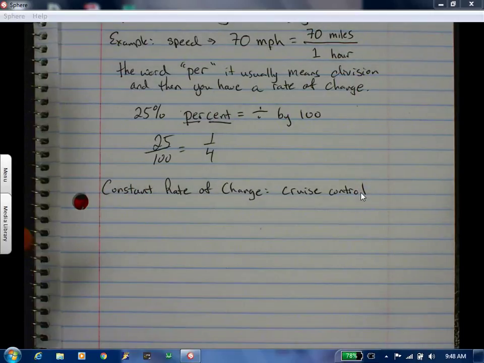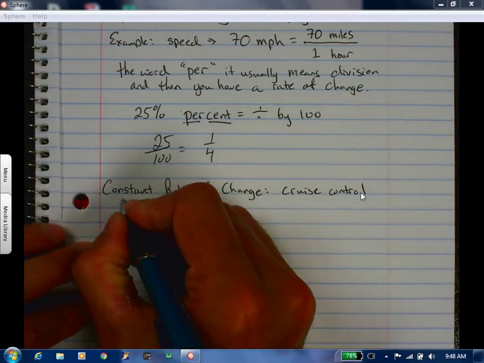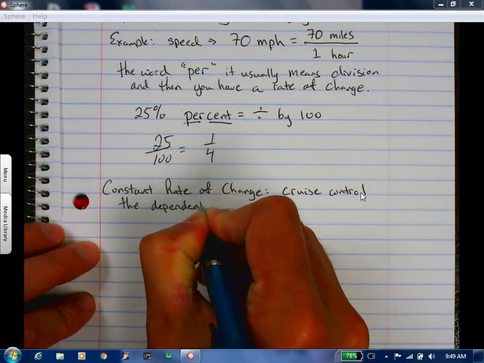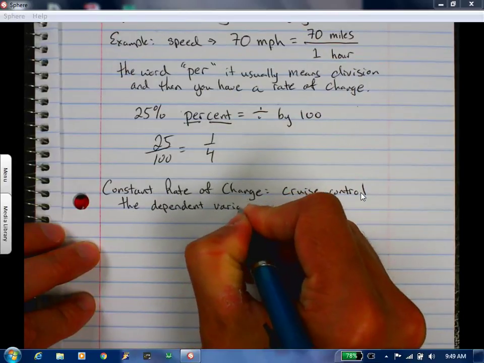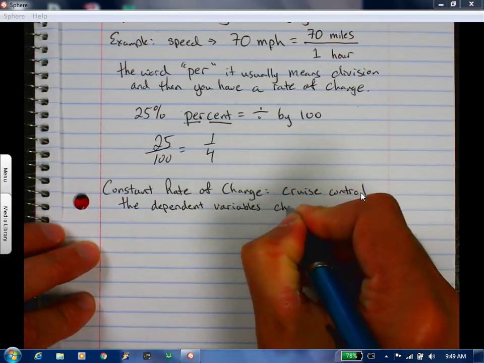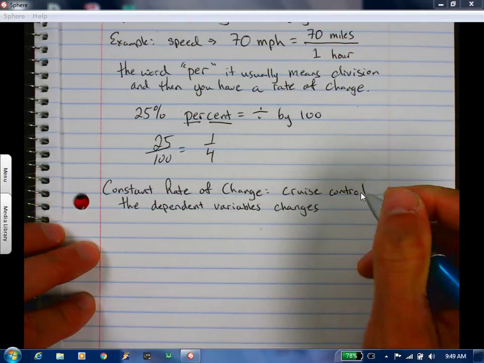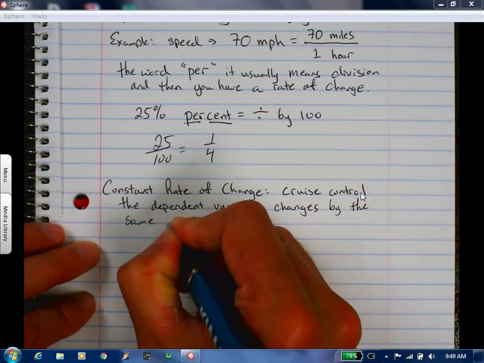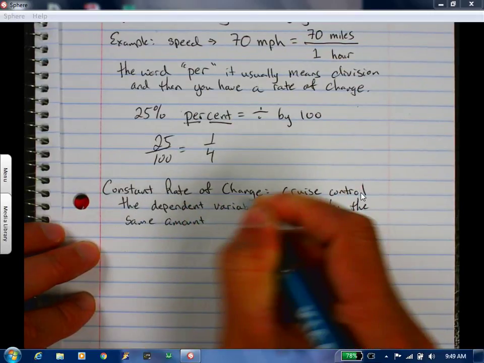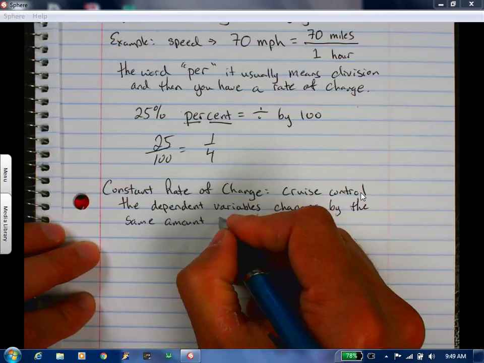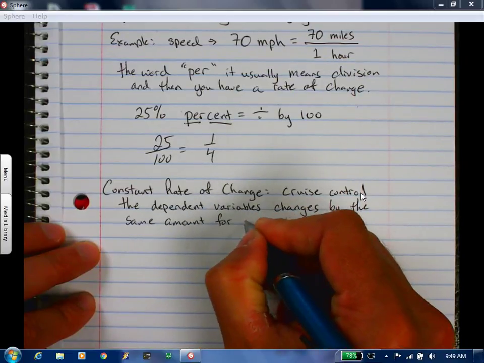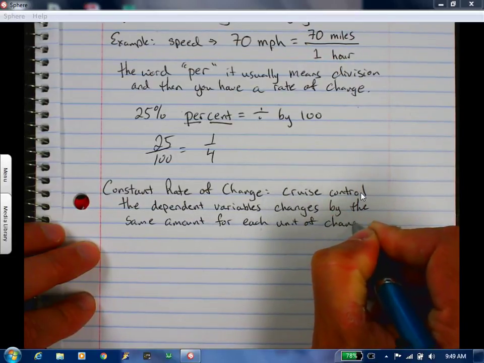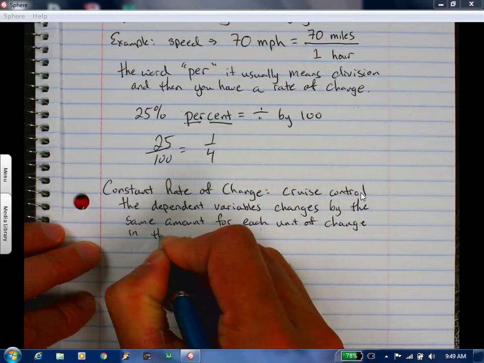Okay? So what this means math-wise is the dependent variable changes by the same amount for each unit of change in the independent variable.